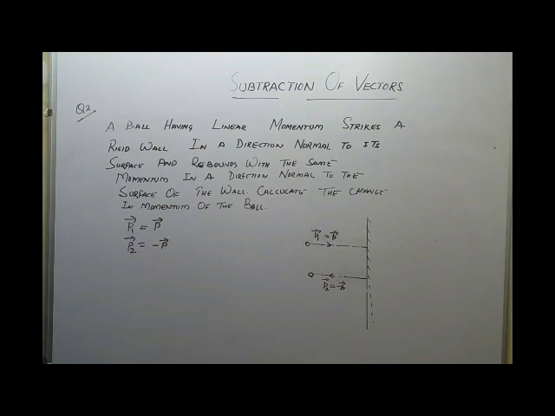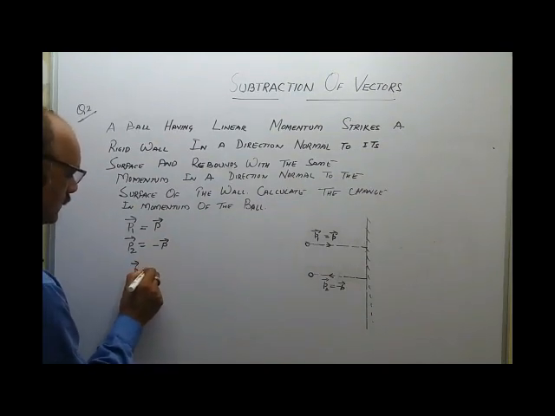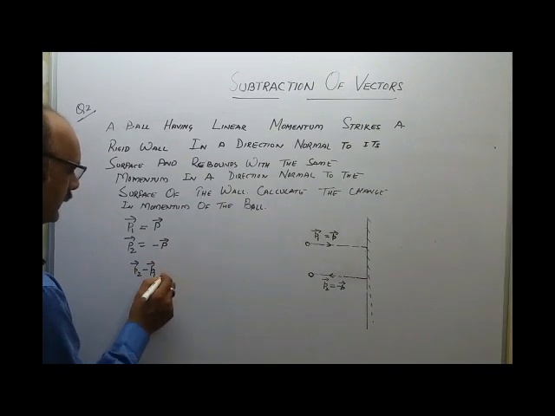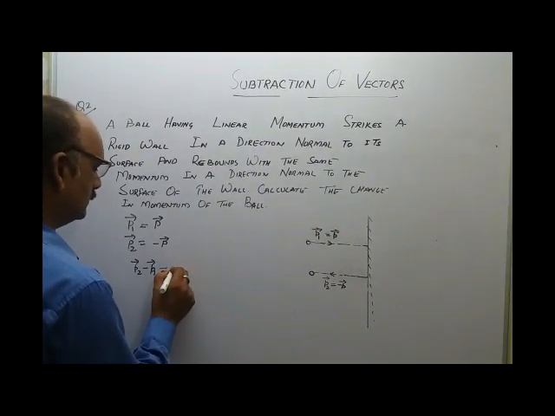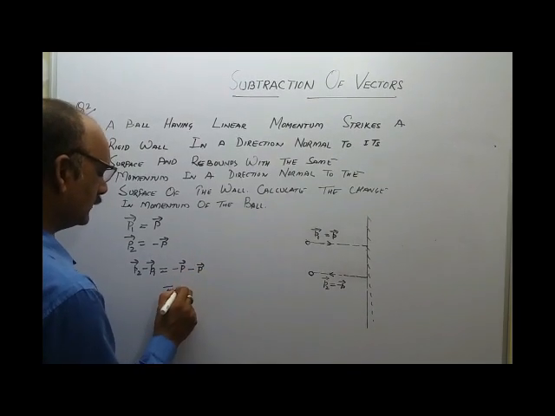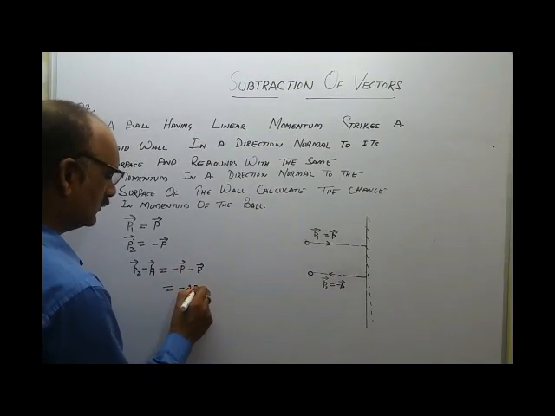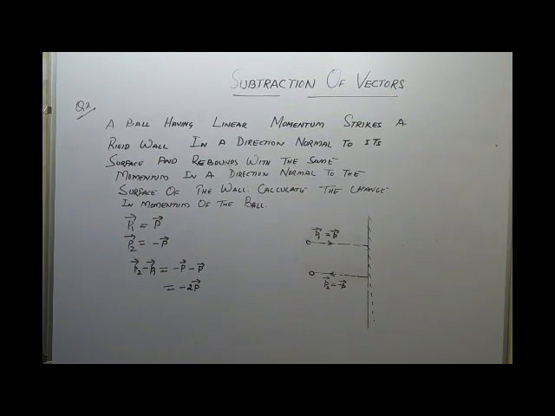Change in the momentum, that is vector P2 minus vector P1, and this is equal to how much? Minus P minus P, and this is equal to minus 2 vector P. Okay. The negative sign shows that the momentum of the ball is in the direction opposite to the initial direction of the motion of the ball.